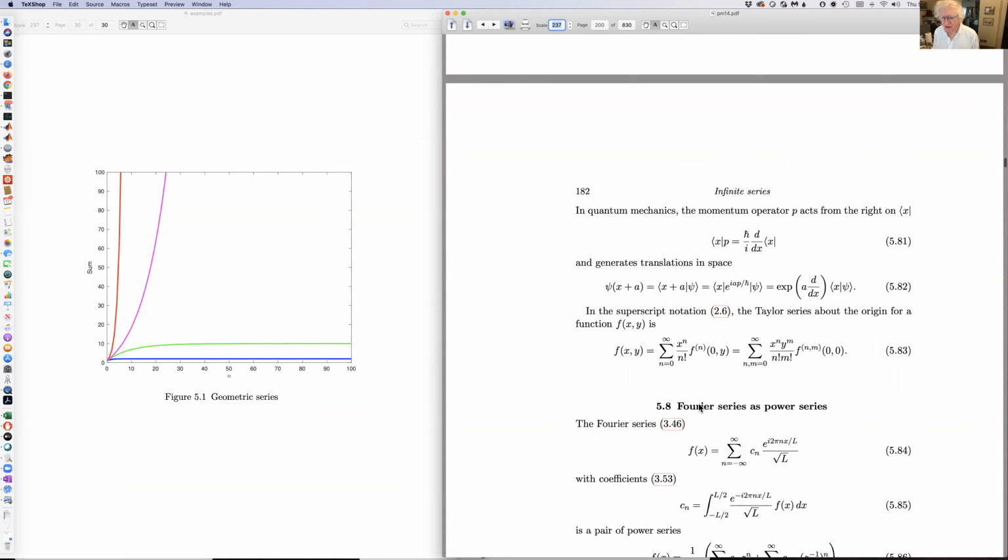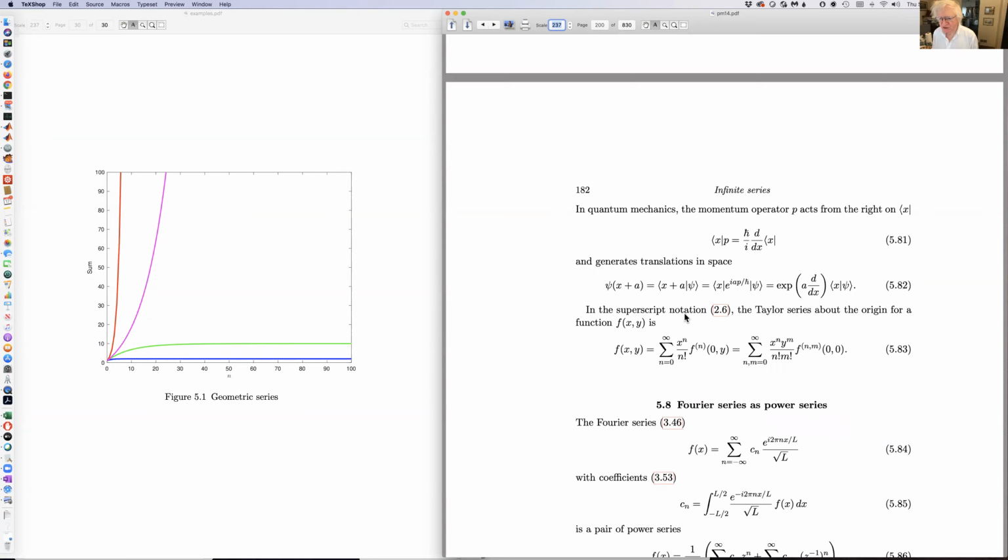Anyway, in the superscript formula, there's a superscript notation for the derivative. This can be the nth derivative with respect to x. And so you can say then that the function f of x and y is this sum going out in the x and y directions.